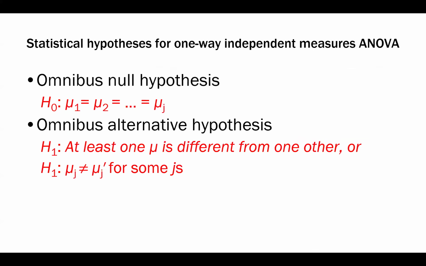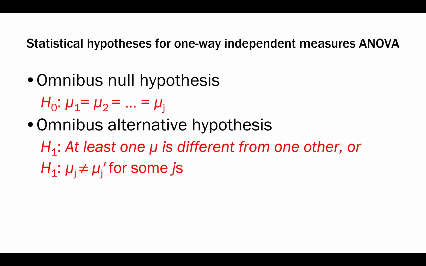So the statistical hypotheses are for the omnibus null hypothesis, that's the general test, that there are no differences in means. Mean one is equal to mean two is equal to all other means up through the jth mean or the last group mean.